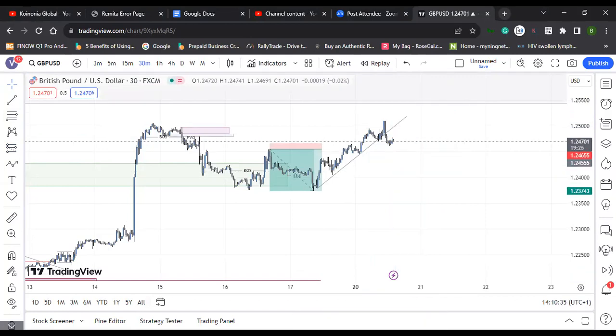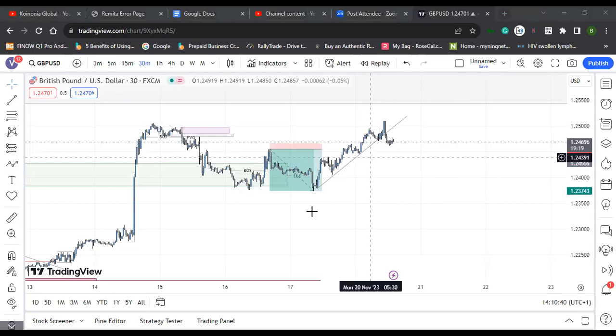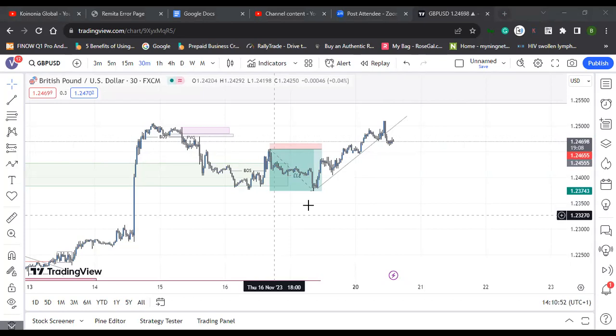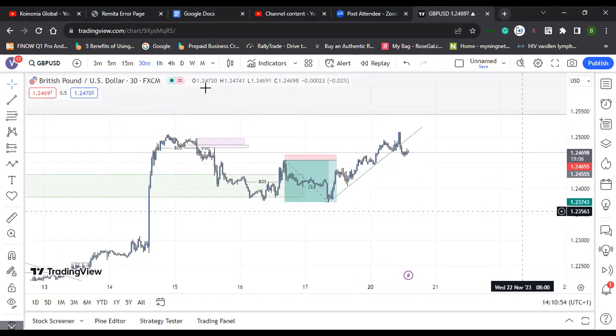So I'll personally wait. Remember, we broke this point. What do we expect to see? I want to see price come into any of this.